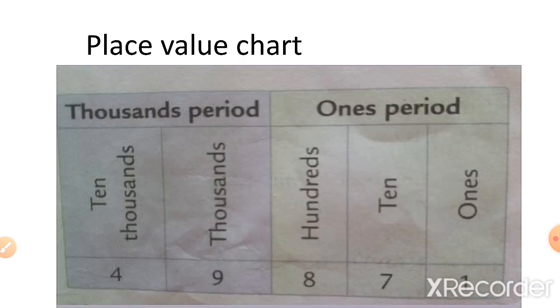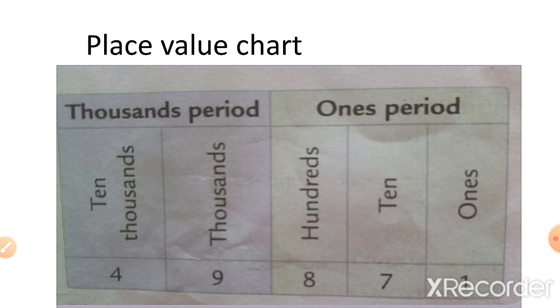Next we are going to see the place value chart. Already you know how to write the place value till 1000. Here you are going to see how to write the place value for a 5-digit number. The first 3 numbers from the right, that is ones, tens and hundreds, will be your ones period.